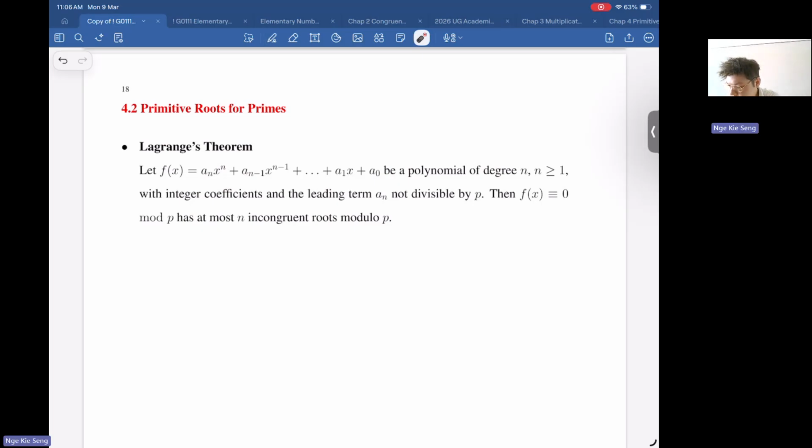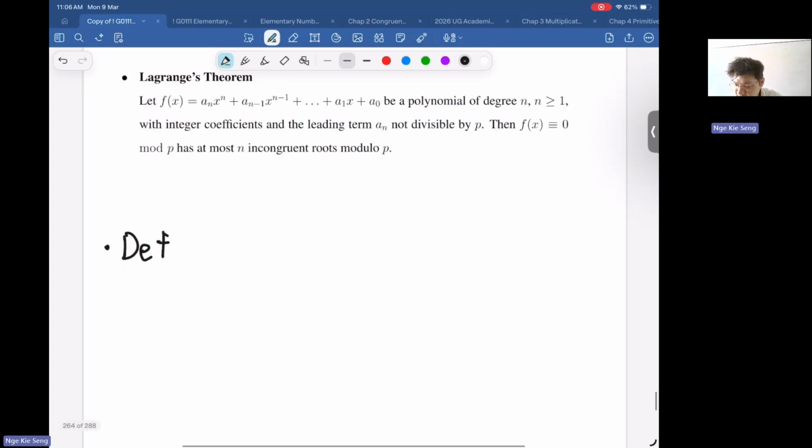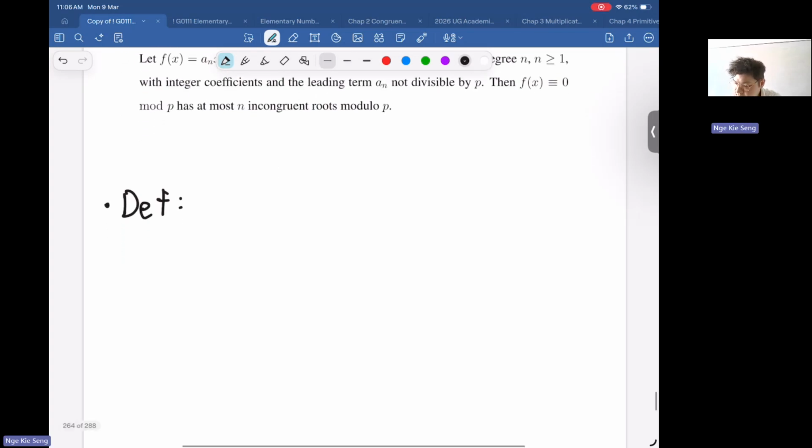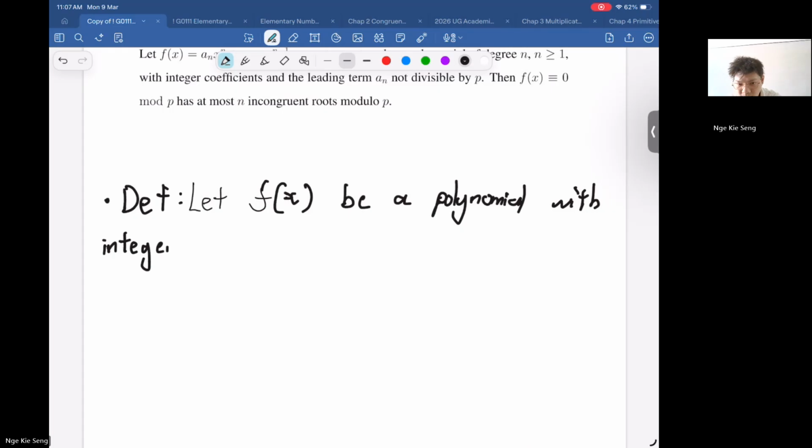For the next part of this course, I think I should tell you a definition first before telling you this theorem. Let f(x) be a polynomial with integer coefficients.